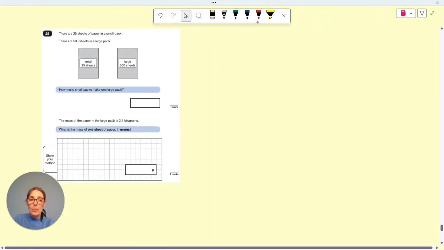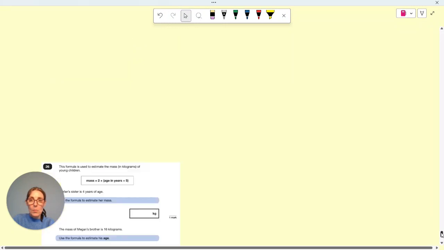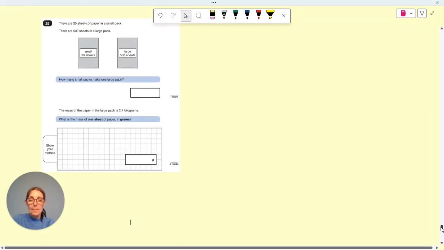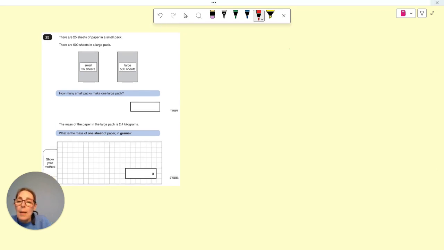And we have, is that the last one? Let's have a quick look. I don't know, I suspect there might be another one, but, oh, there's two more. Two more and then we're done. There are 25 sheets of paper in a small pack.